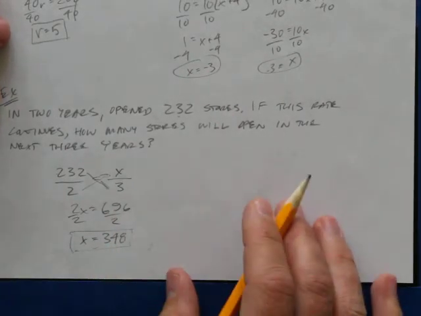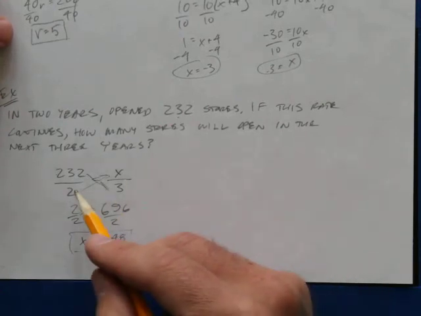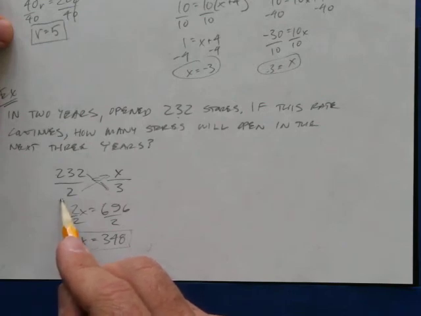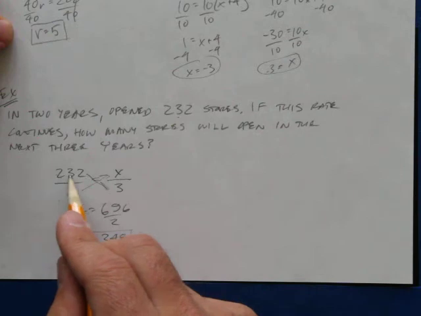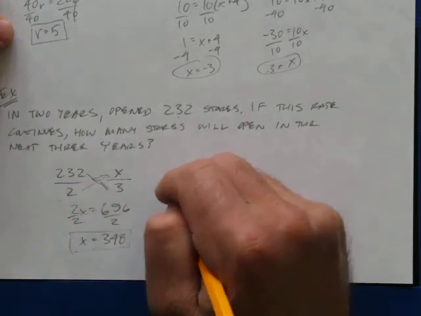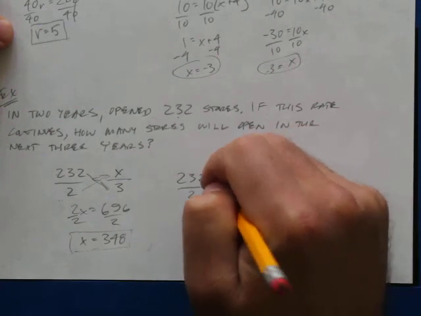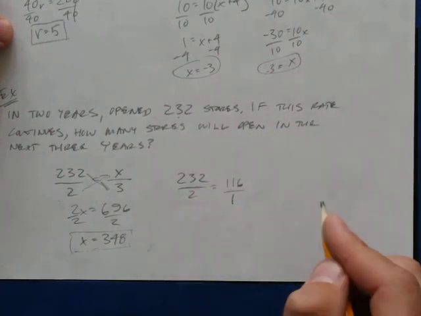Now, if I wanted to find the unit rate, something you might see here, the unit rate is when this bottom number is 1. So if I were to divide 232 by 2, 232 divided by 2 equals 116. And I could say that's 116 over 1.